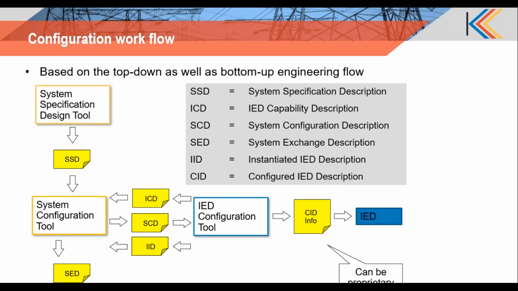And the other project may use it for its configuration, for its internal mapping based on the user rights. It may modify the SED so that additional data mappings from the other substation will be mapped here. Ultimately, the new SED will be given back to the original system configuration tool. So this contains all the required information about the other project, and that will be ingested by the system configuration tool, and that will be updated into the SCD.